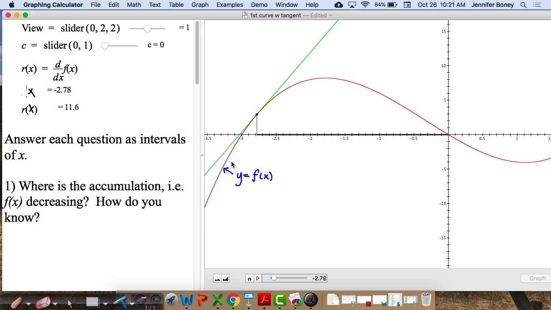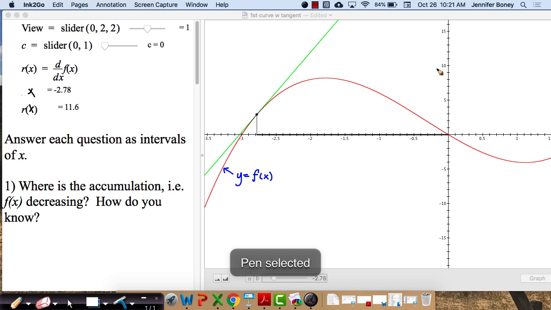Let's see. So this is an accumulation graph. So our amount is up here, and maybe imagine this is temperature, and this is time measured in whatever units you want, but not a rate graph, just an accumulation of temperature. So temperature started out low.